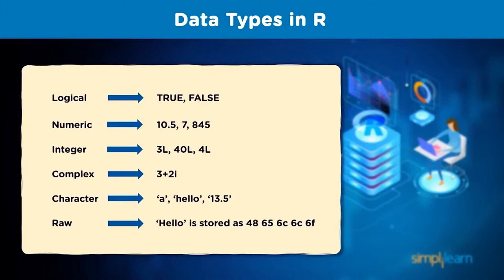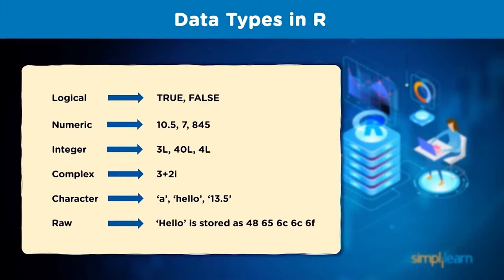You have numeric values, which is say these numbers. You could also be creating an integer, which is 3L and 40L, 4L, and so on. You can have a complex number. You can have characters, which can be just letters or a set of letters or anything which is within the quotes, or you can even have raw data. So these are different data types.